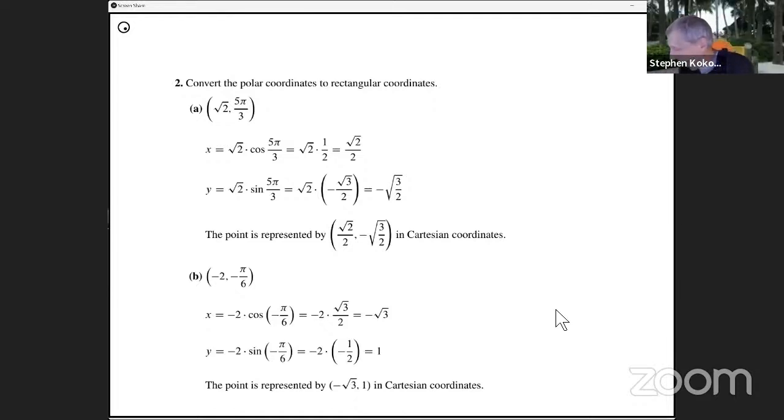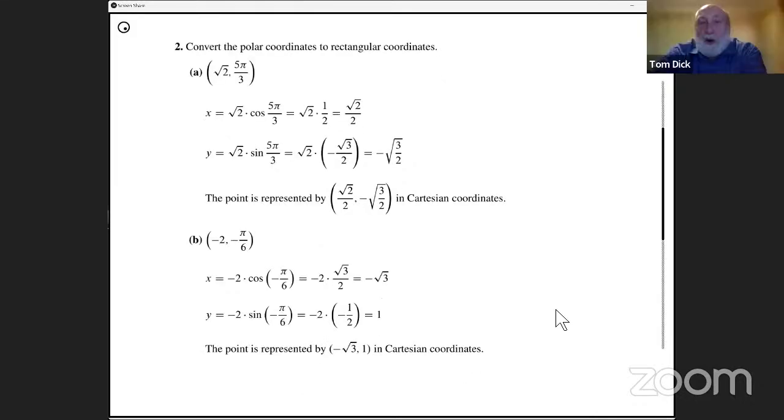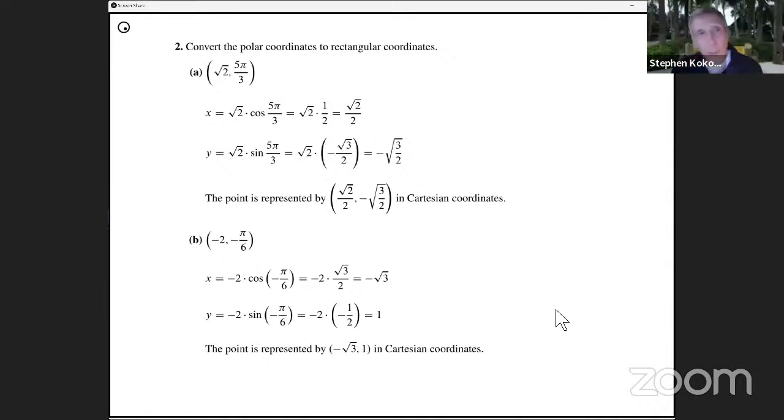Okay, should I continue with 2, Tom? Yeah, go ahead, Steve. Okay, all right, thanks. So for 2, what we're going to do is convert some polar coordinates to rectangular coordinates. So I'm just going to remind myself over here how I'm going to get from polar coordinates to rectangular coordinates.